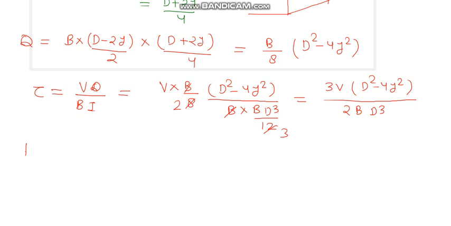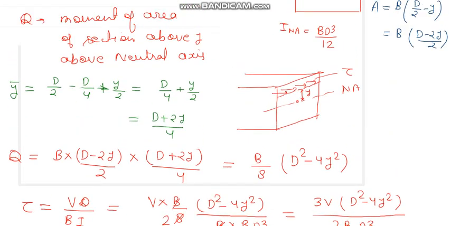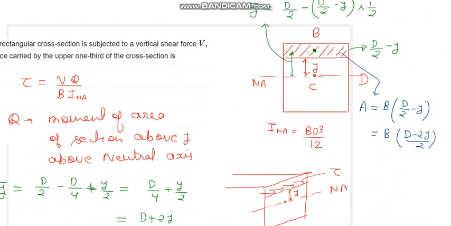Now force, we know, equals tau into area, so we can write the area as b into dy for a small area, with small thickness dy.